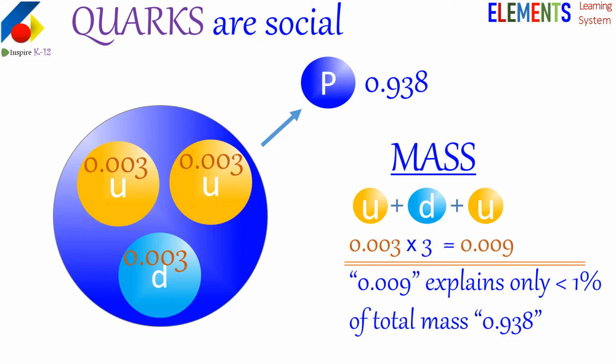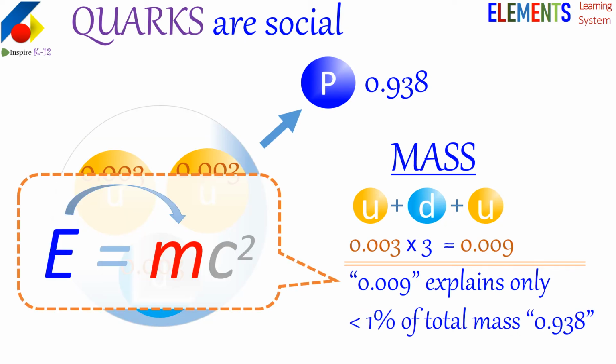This is a weird thing. Particles at this scale behave totally weirdly, which has nothing to do with how our senses perceive objects in normal life. That's where Einstein's famous equation, that energy and mass are convertible, comes in handy to explain that most of the mass comes from the kinetic and potential energy of the quarks inside these protons or neutrons.